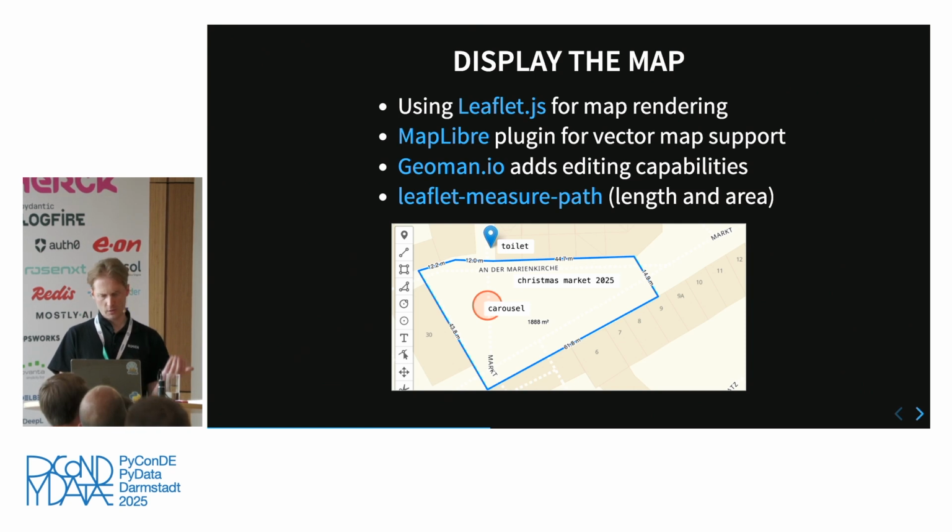Otherwise, if I would take rendered pixel graphics for zoom levels up to 18, then it would be nearly a terabyte. Then I'm using the GeoMan framework to add editing capabilities, and the Leaflet Measure Path plugin to measure distances and areas on the map.